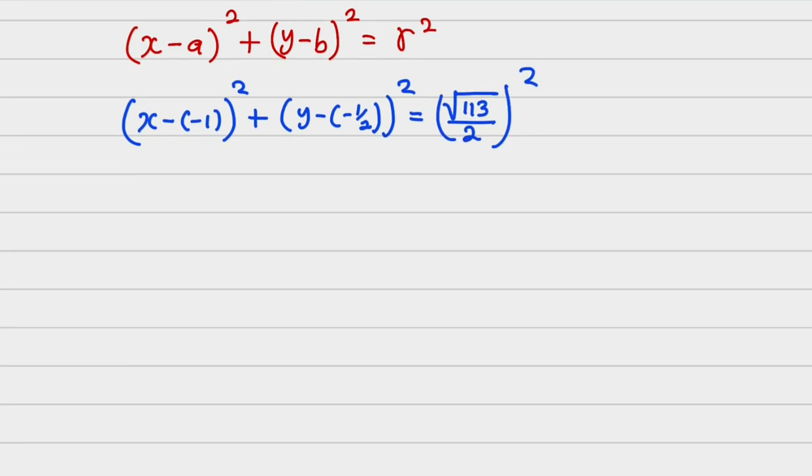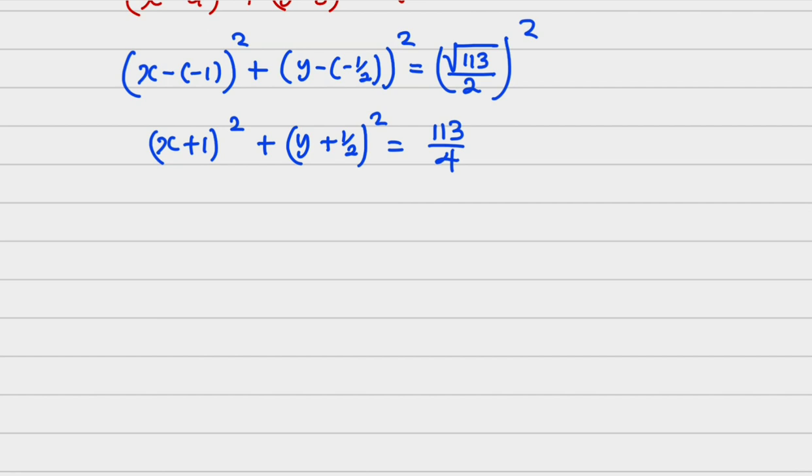So I have everything that I need. Then I'm going to have (x + 1)² + (y + 1/2)² = 113/4.